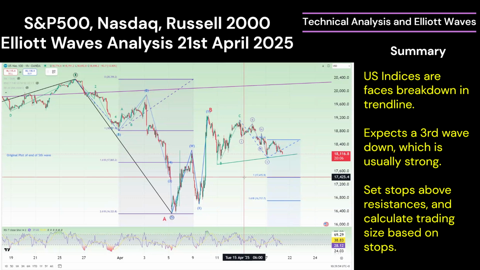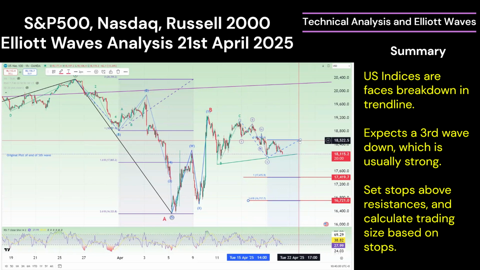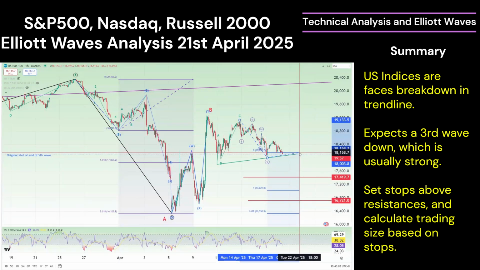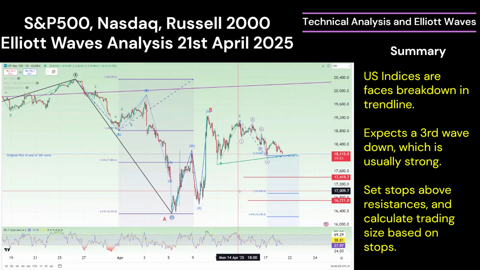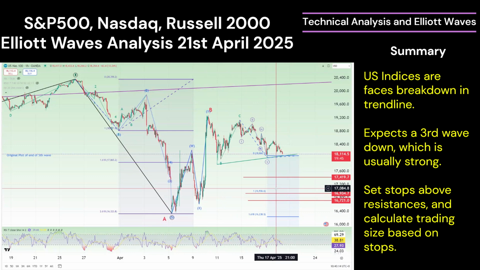Let's draw a few more points. One is over here, one is over here, and then the traditional measurement rule is here. So we have a few points. The idea is really to look at how the wave forms after it breaks down.